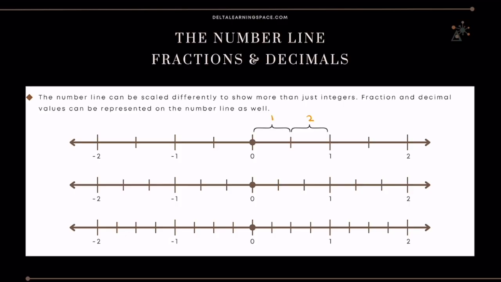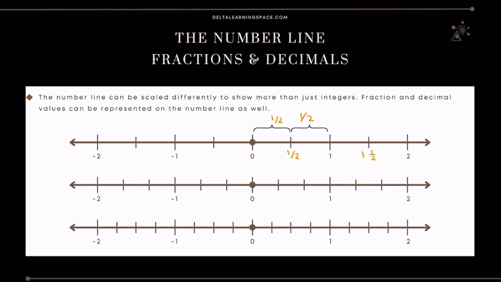So what that means is that our number line is scaled in halves, meaning we have 1/2 here and another half here to make up the one whole. So between 0 and 1, I can write 1/2, and between 1 and 2, I can write 1 and 1/2.